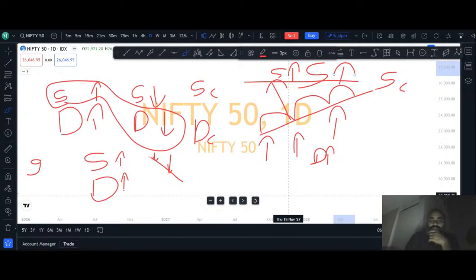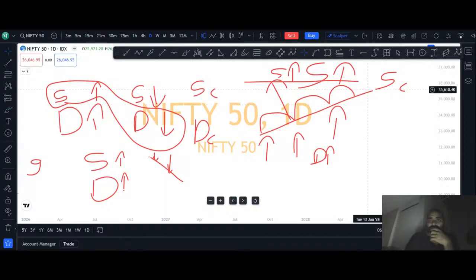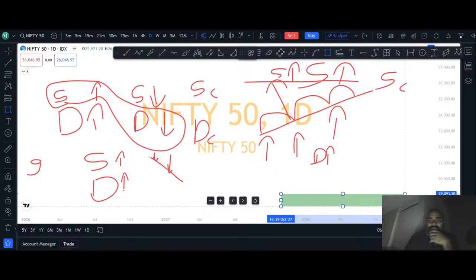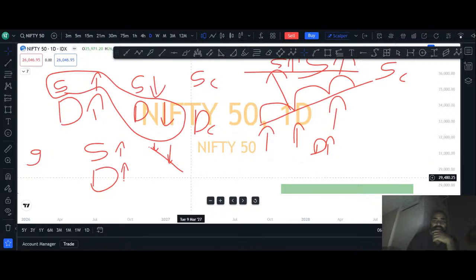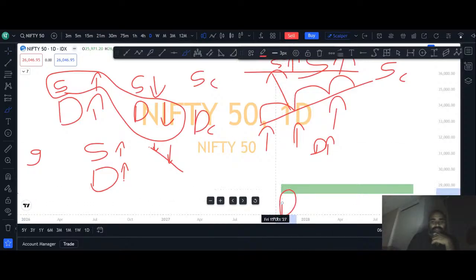Suppose the bottom is stable, like this. Everybody tells this is a very good demand zone, right? Demand means, at this place the demand is constant.